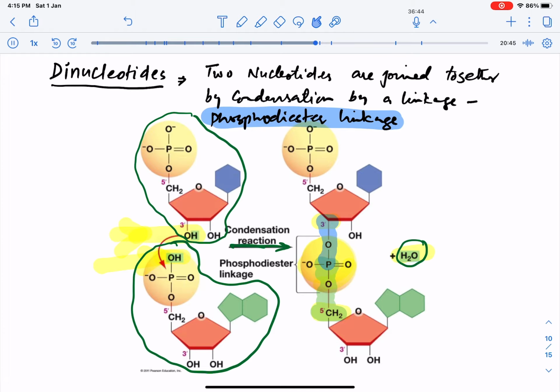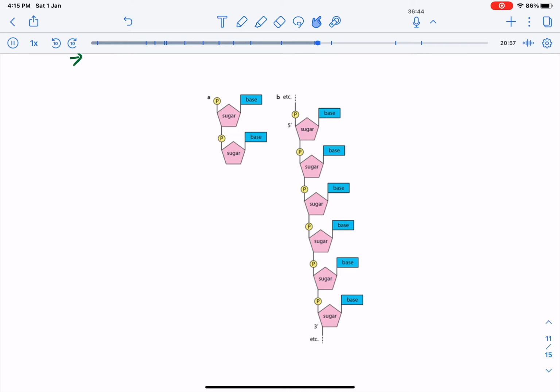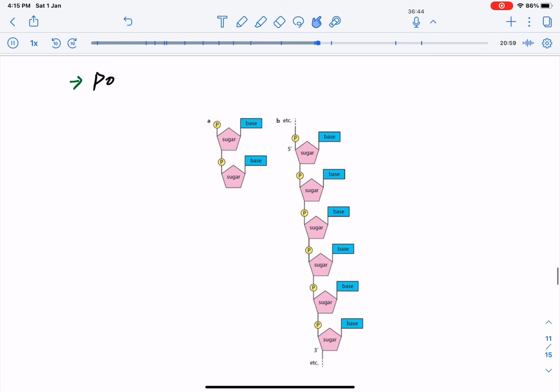More nucleotides can be joined repeatedly by many condensations, making a long chain of nucleotides, which is known as a polynucleotide chain.